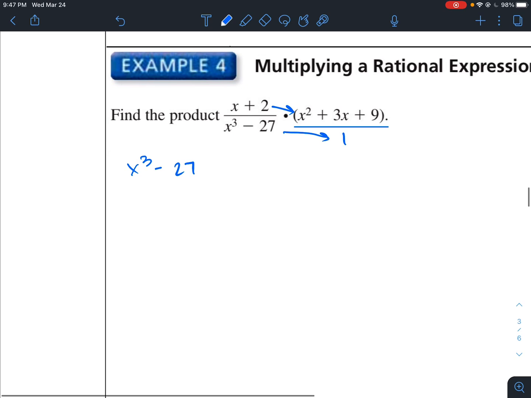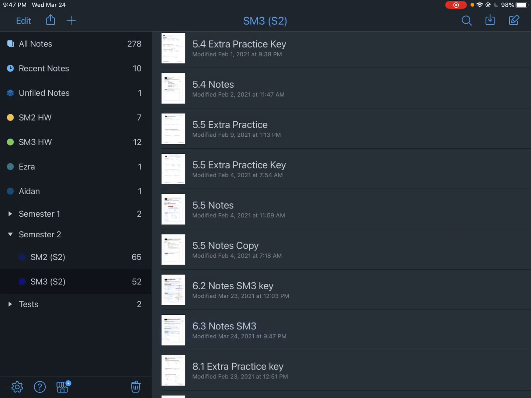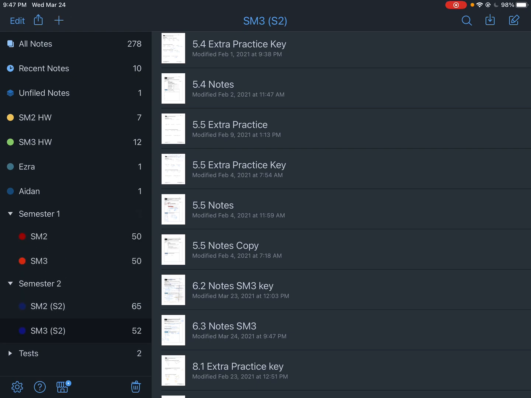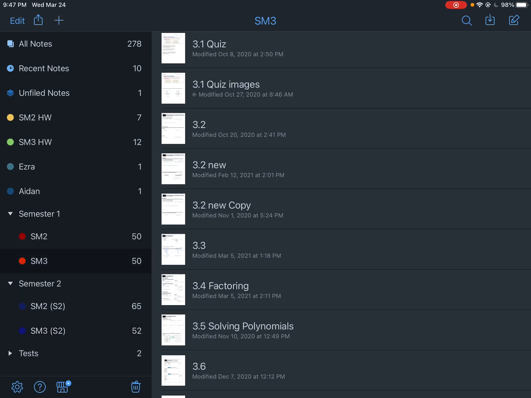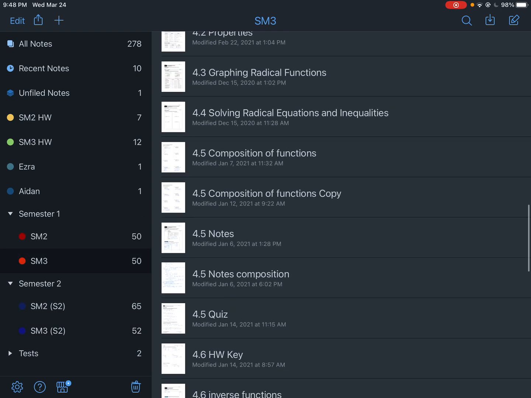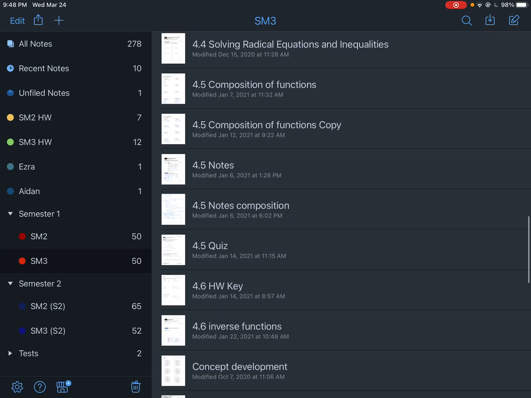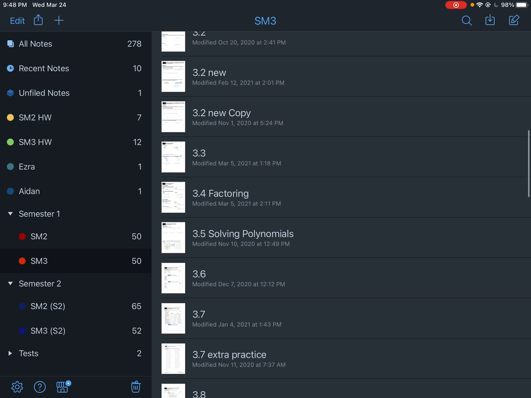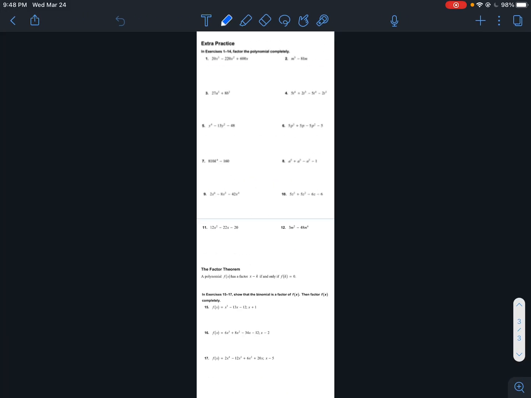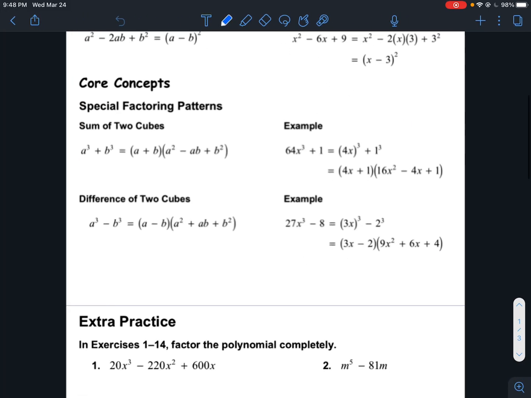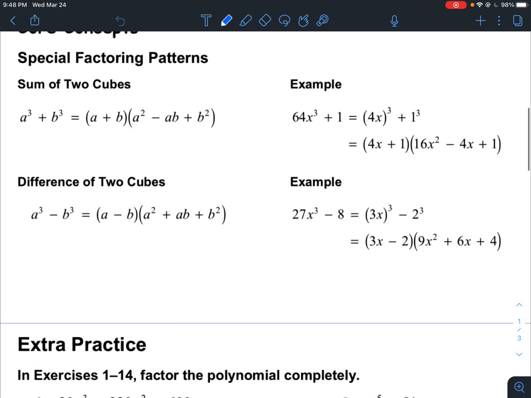And the difference of cubes was, well, we can go back to semester 1. SM3, I think that was in, let's see, 4 point, no, it would be 3.4 right here. So if you remember these factors, the difference of cubes is what we'd be looking at right here.